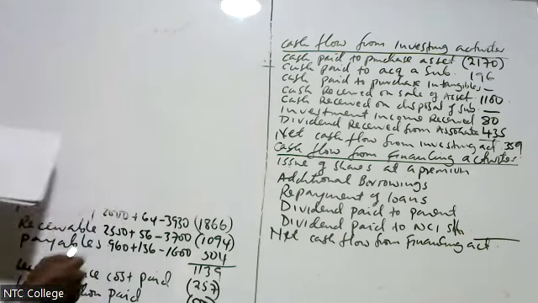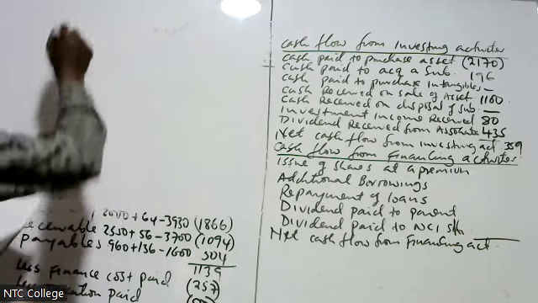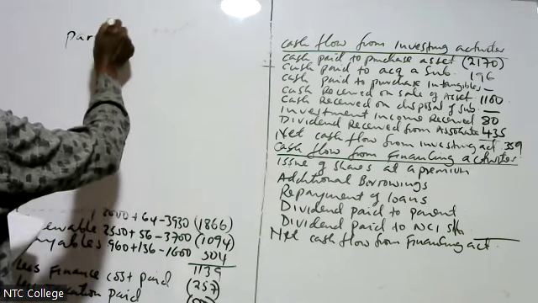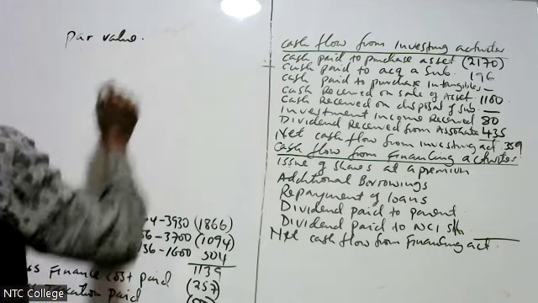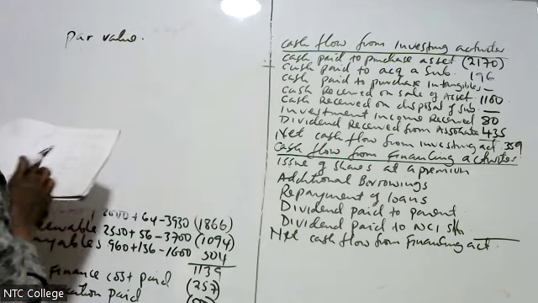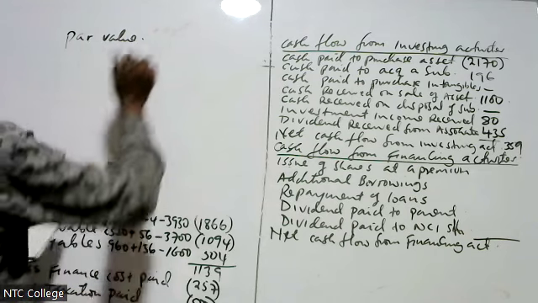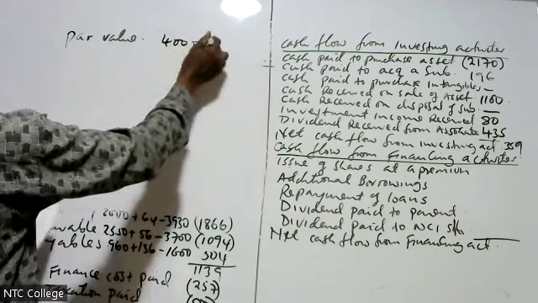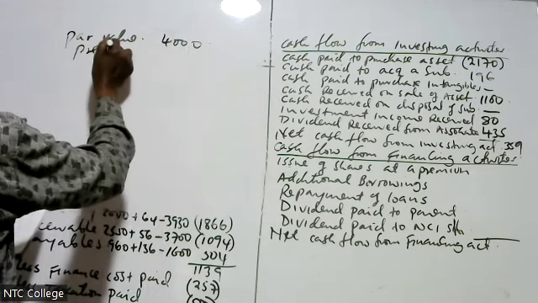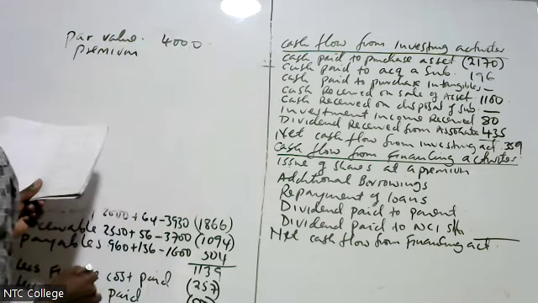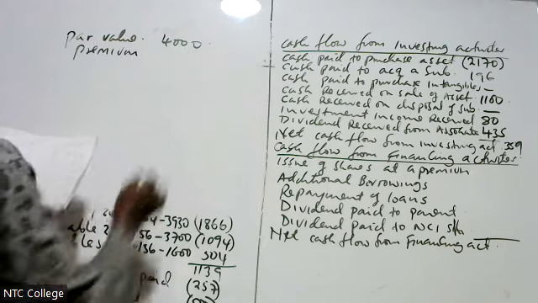We are comparing ordinary share capital par value. Previous year, par value of ordinary share capital was 4,000. Previous year premium was 4,190.